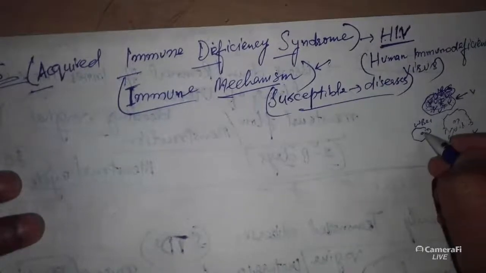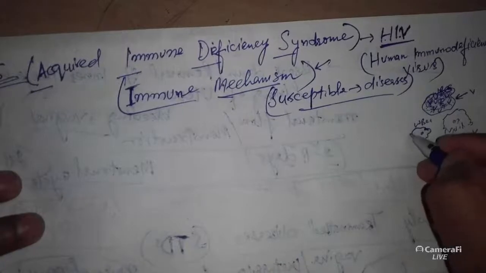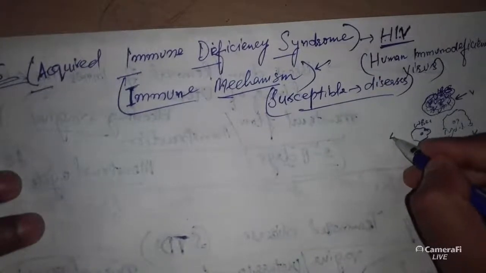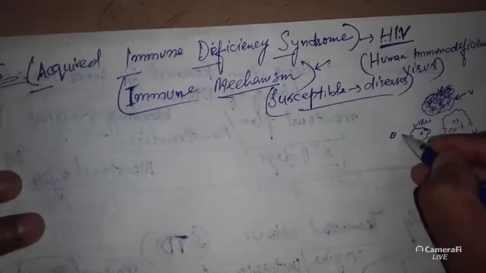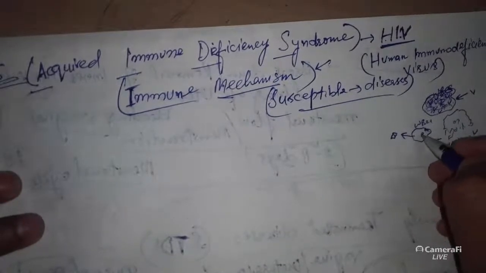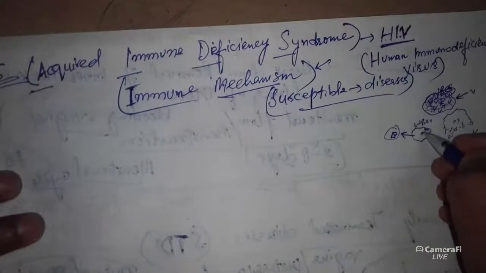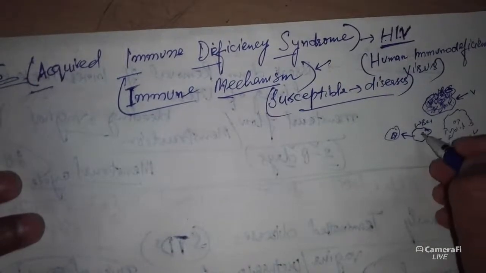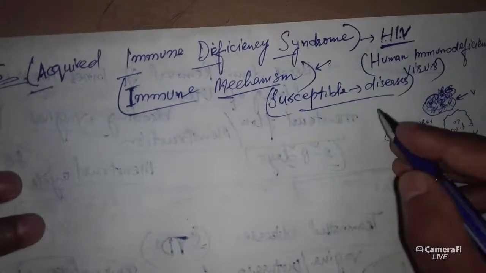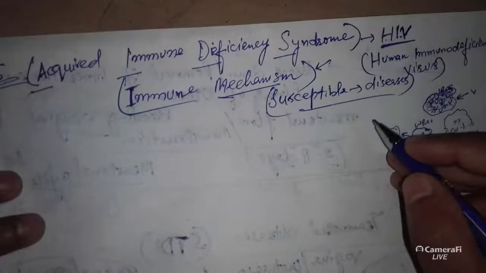All the WBCs were the military force, the defense of the body, so that if any bacteria or other microbe comes, these immune cells used to go and kill it. But since they are themselves destroyed and infected, the body is no more able to fight the new diseases.